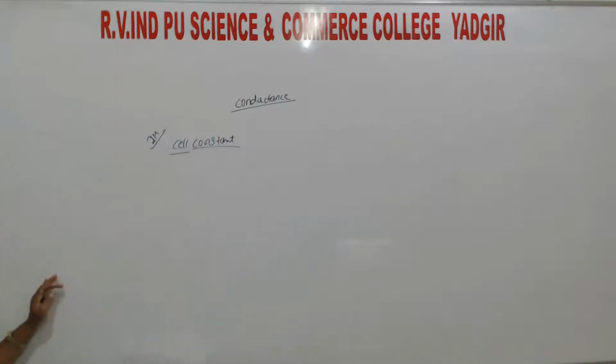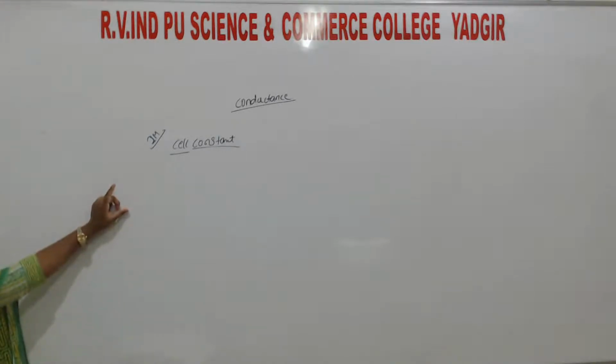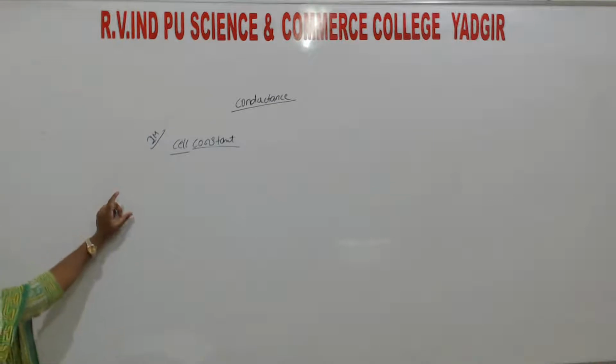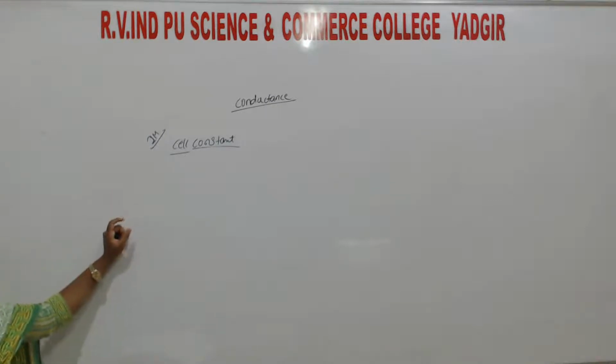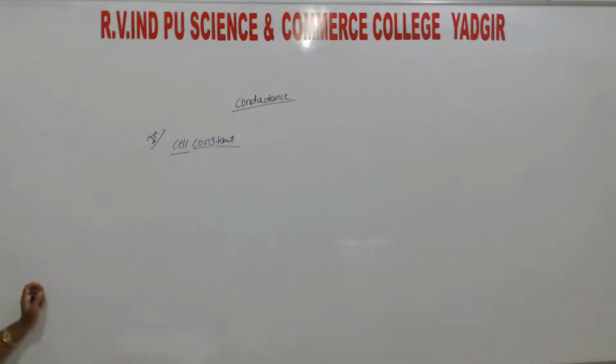Now the formula of the cell constant. The specific conductance is equal to the observed conductance multiplied by L by A, or the observed conductance multiplied by the cell constant.